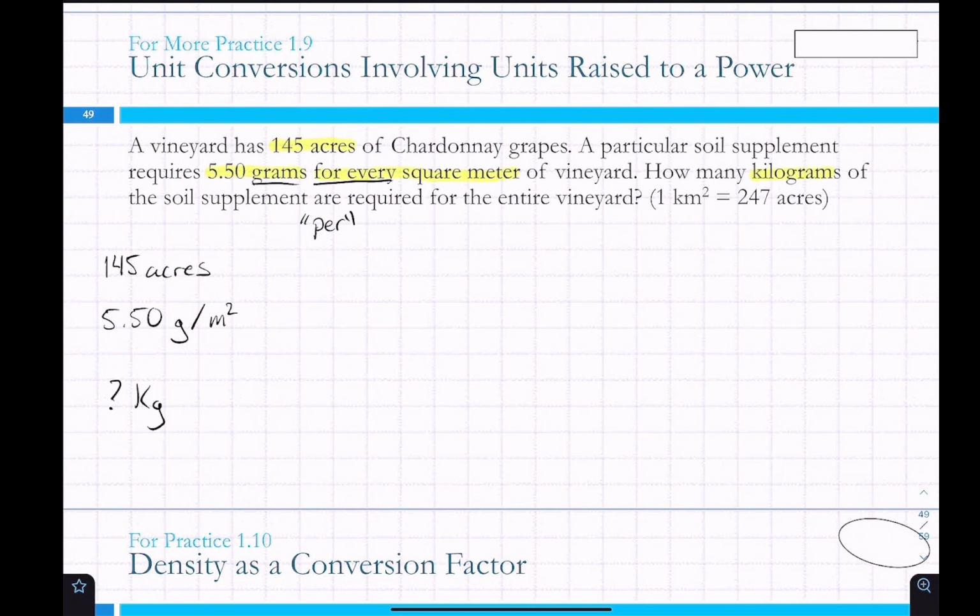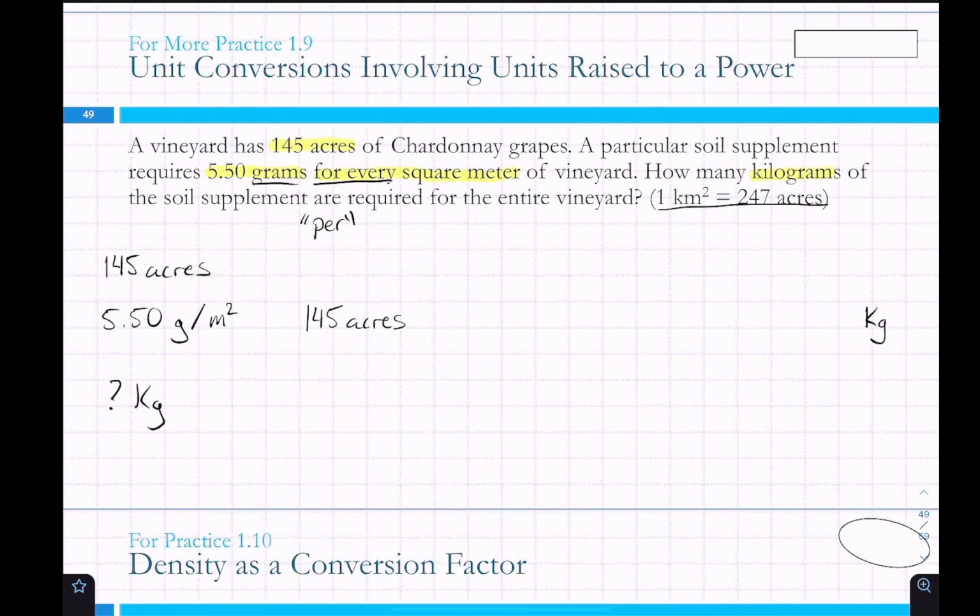So 5.50 grams per meter squared, that is a conversion factor. It's telling us how many grams we need per meter squared of vineyard. The only thing that we have here that's not a conversion factor is the 145 acres. So we're going to start with 145 acres. And we want to know at the end of all of this, how many kilograms of soil supplement do we need?